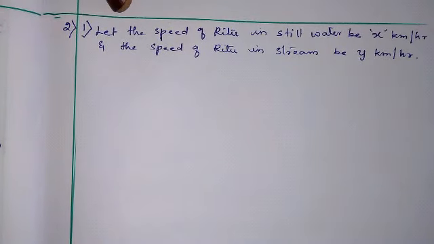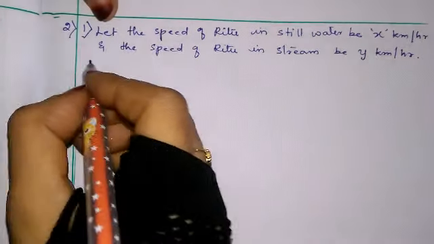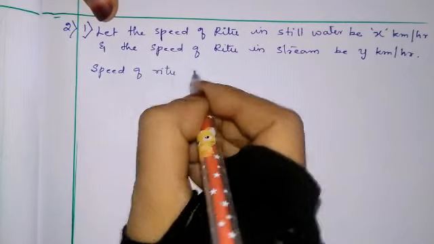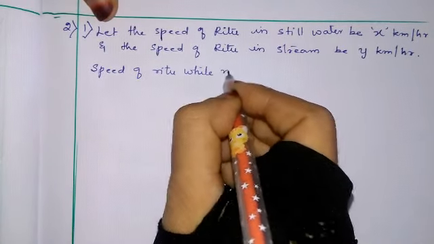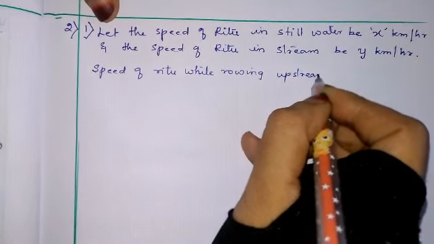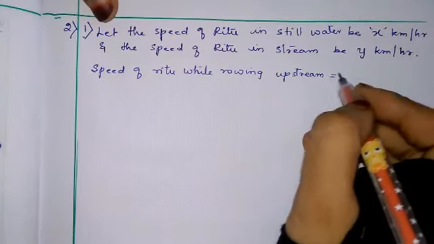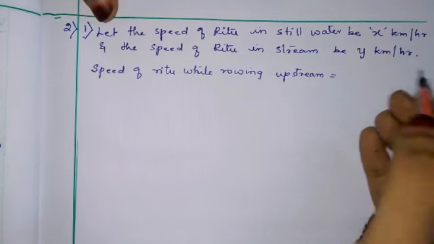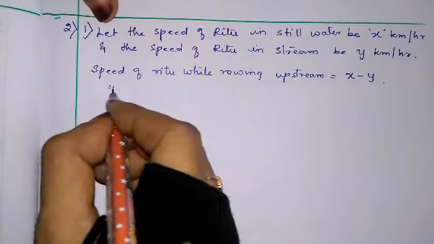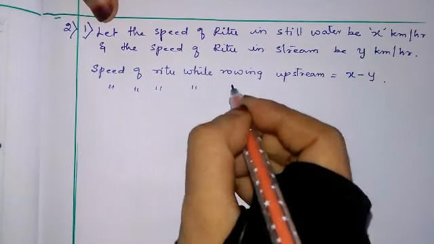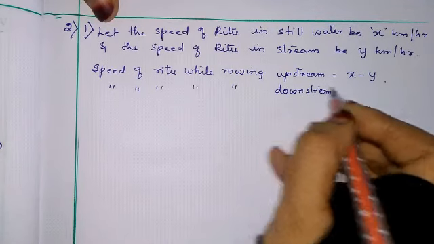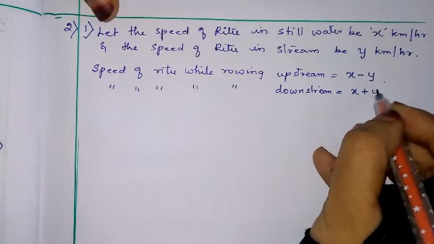Now, speed of Ritu while rowing upstream: I have told you, upstream the energy will be wasted. As we go, more energy we have to put. That means reduced: x minus y. And speed of Ritu while rowing downstream, while coming, it will be x plus y.